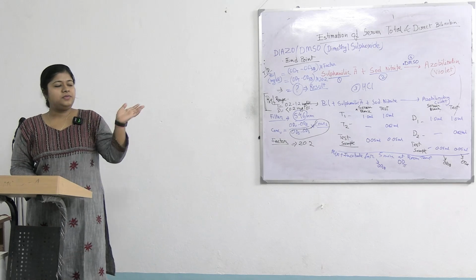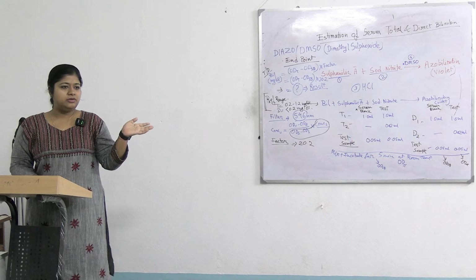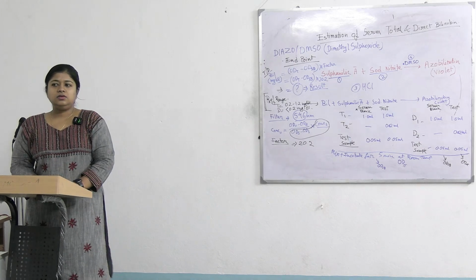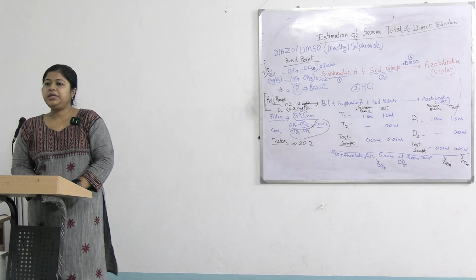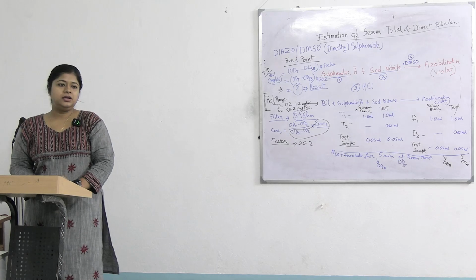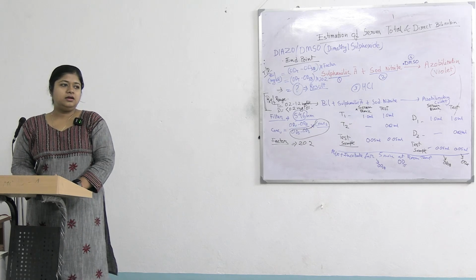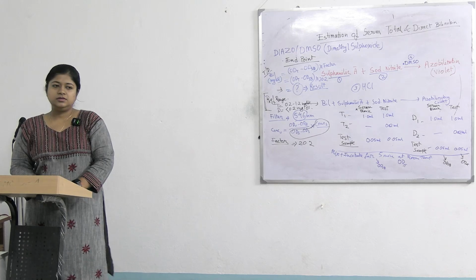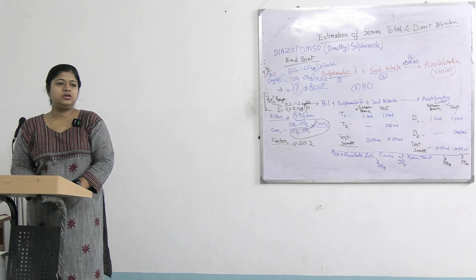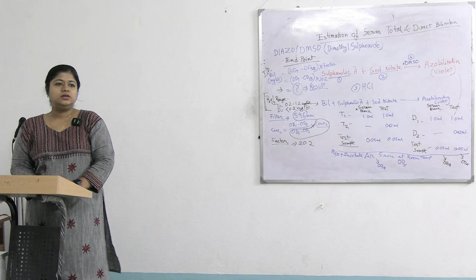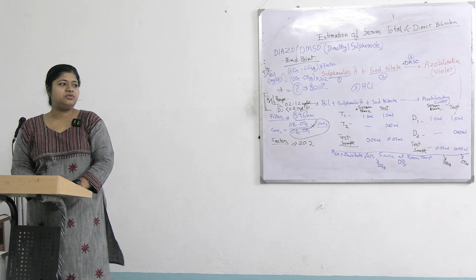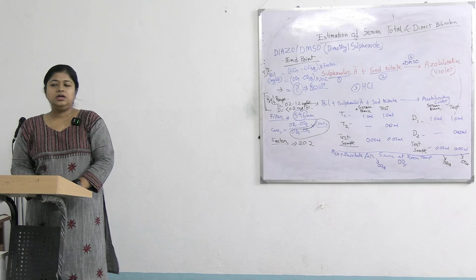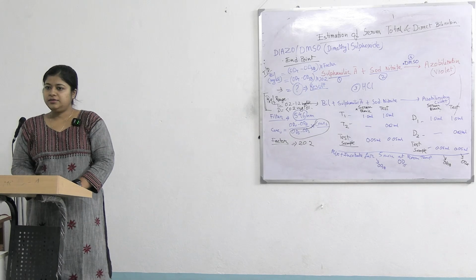So from this we can estimate the ODs and calculate the concentration of bilirubin. What is the unit? Milligram per dl. And the rest you all know. Reference range? What is the reference range for total bilirubin? 0.2 to 1.2 milligram per dl, and for direct bilirubin it should be below 0.2. Okay?